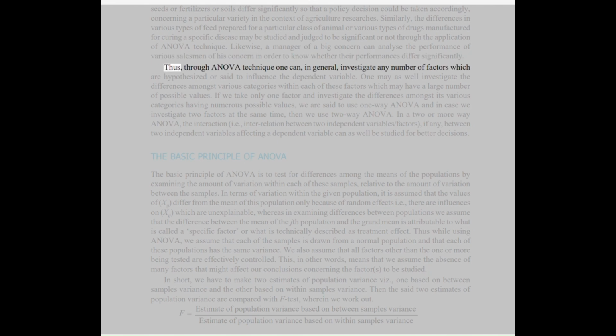Thus, through ANOVA technique one can, in general, investigate any number of factors which are hypothesized or said to influence the dependent variable. One may as well investigate the differences amongst various categories within each of these factors which may have a large number of possible values.